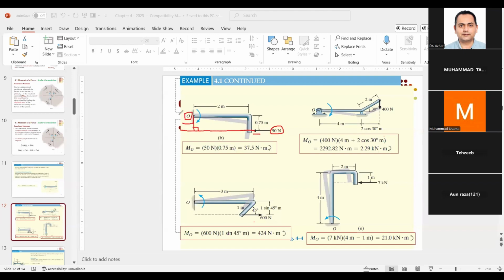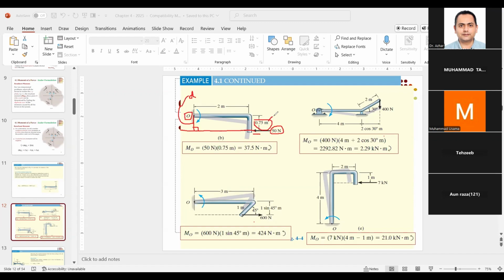So this distance is your moment arm, which you can call D. So from the point about which you want to determine the moment, you have to identify the perpendicular distance. And you see this perpendicular distance is given here, 0.75.